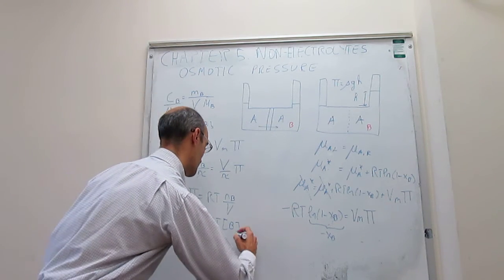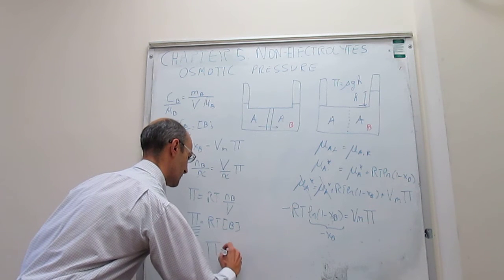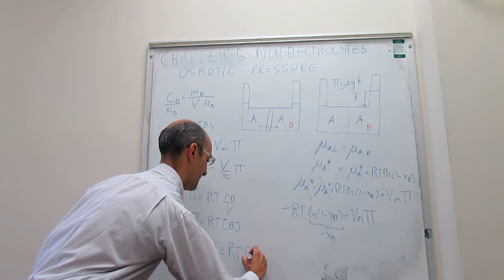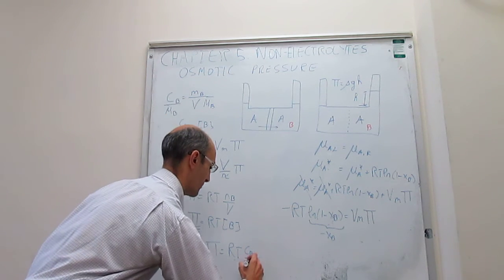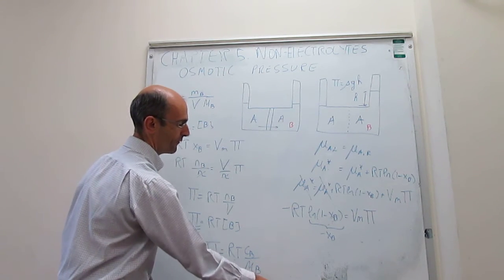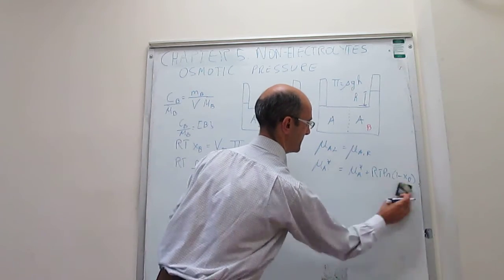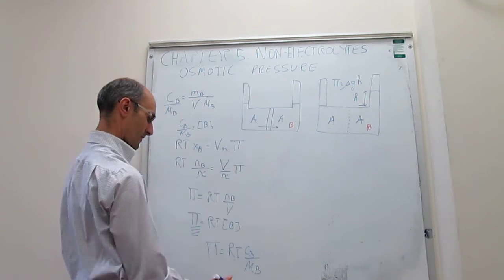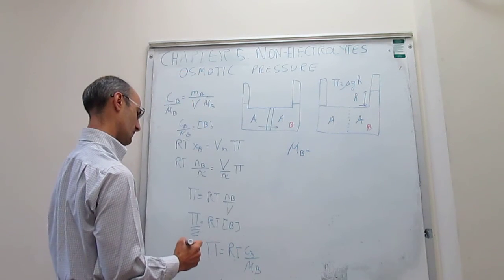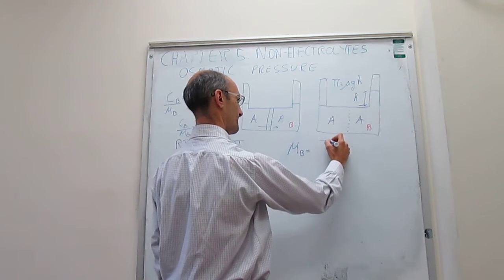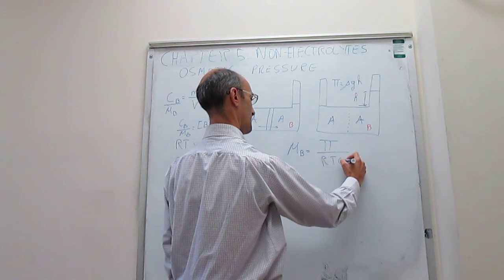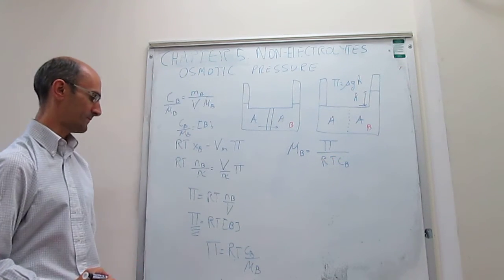So I can come here and say, well, the osmotic pressure is going to be equal to RT, and then the mass concentration over the molar mass. And this is a great way then to solve for what the molar mass of my substance is. I can get that the molar mass of my solute is going to be equal to the osmotic pressure over RT and the mass concentration of my solution.